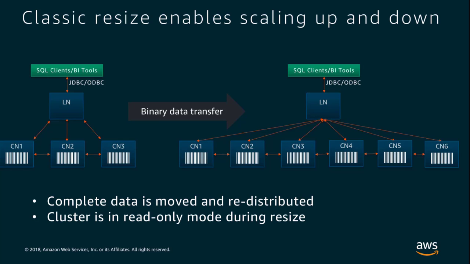We drop your primary cluster into read-only mode, and we binary stream all of the data over from the old cluster into the new cluster. One really nice benefit of this technique of how we're doing resize is that you can move from, say, magnetic disks to solid state, or from solid state instances to magnetic disks. So there's a lot of flexibility with the way that we've implemented this.